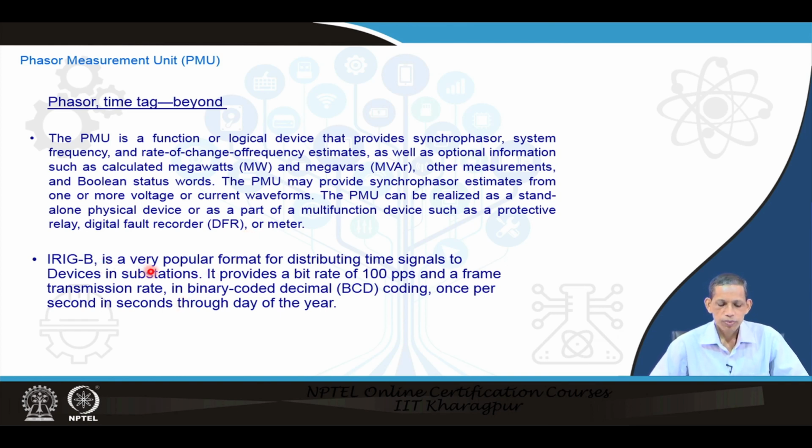IRIG-B is a very popular format for distributing time signals in substations to different devices. Once the time information is obtained through the GPS antenna, which receives one pulse of time information every second, the IRIG-B system provides a bit rate of 100 PPS and a frame transmission rate in binary coded decimal, BCD, once per second, in seconds through day of the year.